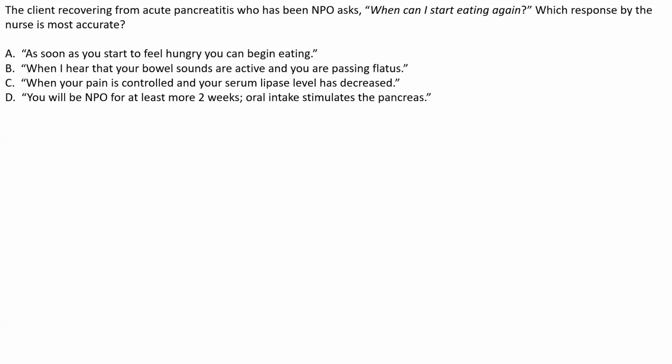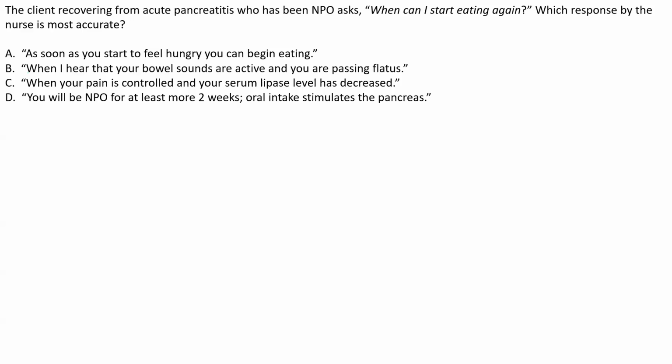B, the intestinal peristalsis may become slower due to inflammation associated with acute pancreatitis. But the return of the bowel sounds and the passing of gas is not used to determine when the client can begin eating orally.